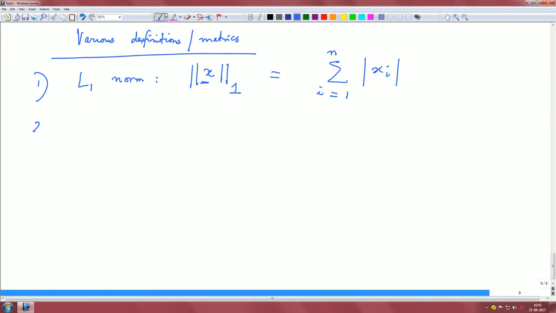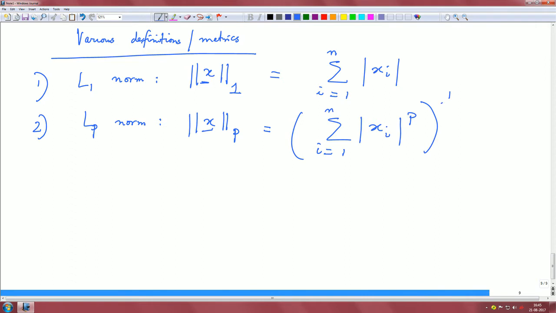If you generalize this, we have the LP norm, which is denoted as the P norm of x, which is the summation i equals 1 to n of the absolute value of xi to the power p, summed over all the n coordinates, and then take the pth root of it.